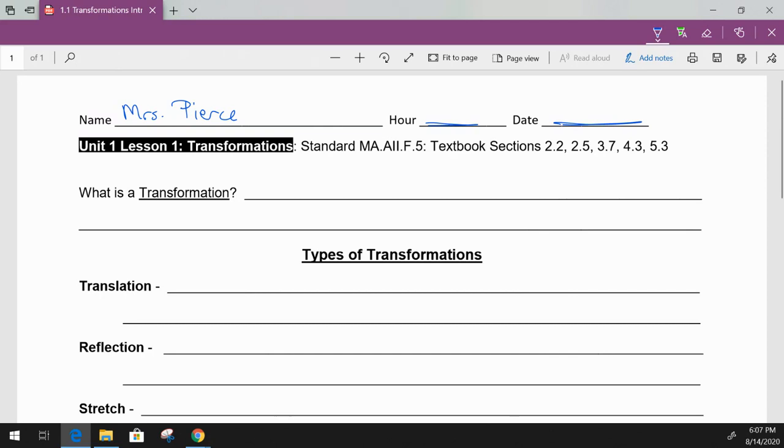So to start with, what is a transformation? A transformation is basically any change to a figure. So that could be its location.